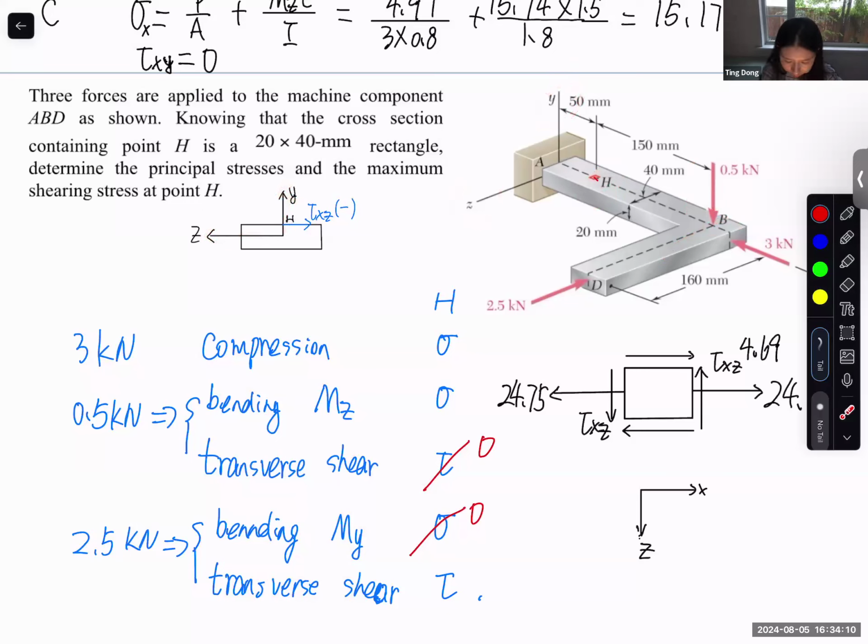For this shear stress it is 0, but for this one, 2.5 is maximum because this is at the neutral surface. Now this force is in the negative z direction. So this is tau xz, on the x-plane in the negative z direction. Positive plane, negative direction, so the sign of this shear stress should be negative.